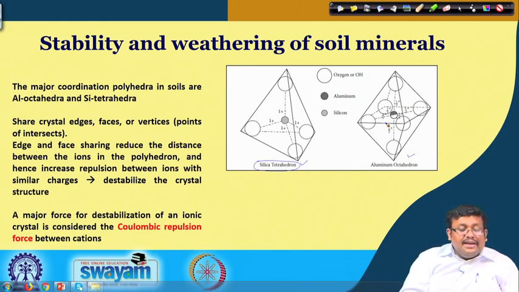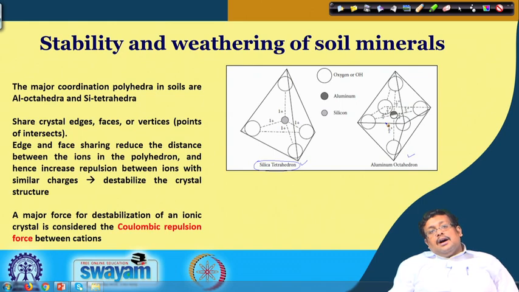Now, remember one thing, that these two types of coordination polyhedra share their crystal edges, faces or vertices, which are points of intersection. When edge and face sharing reduces the distance between the ions in the polyhedra and hence increases repulsion between ions with similar charges, obviously there will be destabilization of the crystal structure.